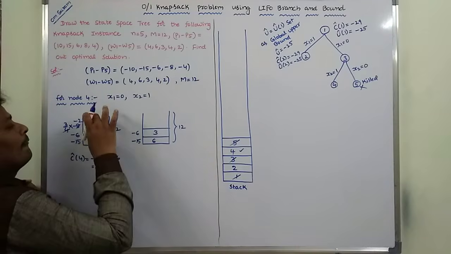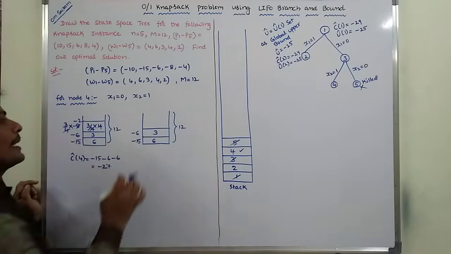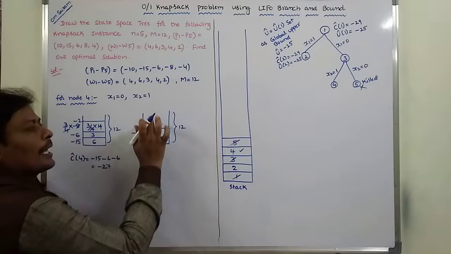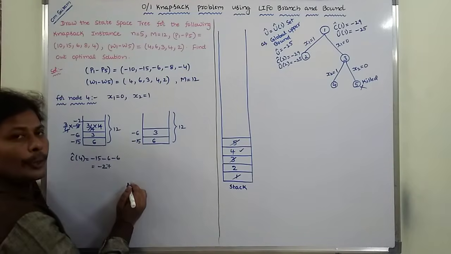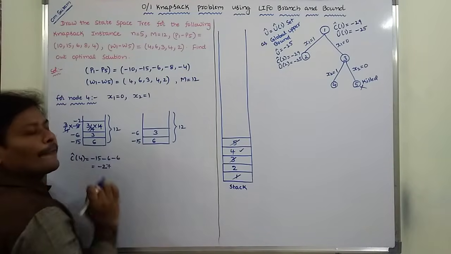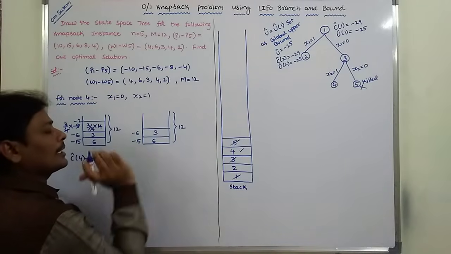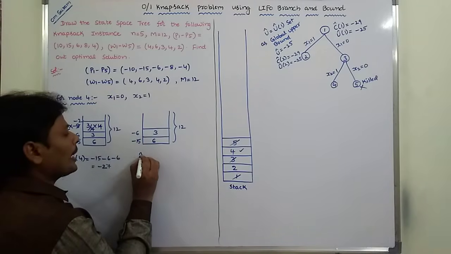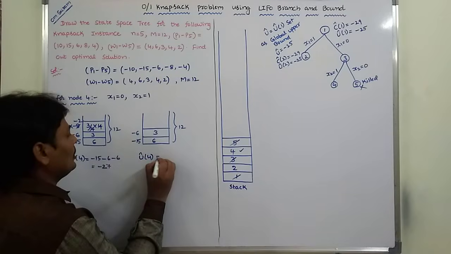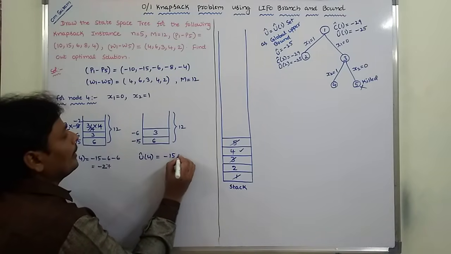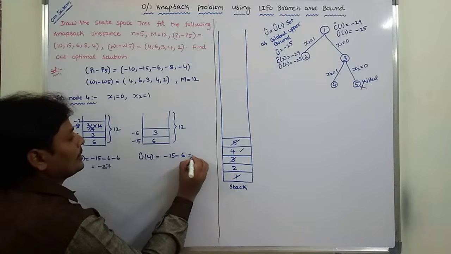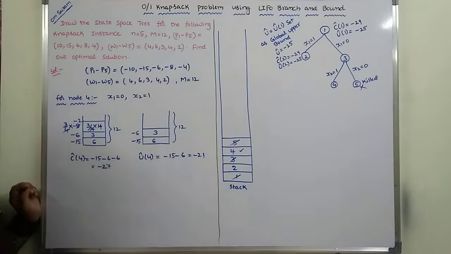While placing the fourth object we get a fraction, and fractions are not allowed in U cap. So placing the fourth object is not considered. So U cap of 4 is equal to minus 15 minus 6, that is equal to minus 21.